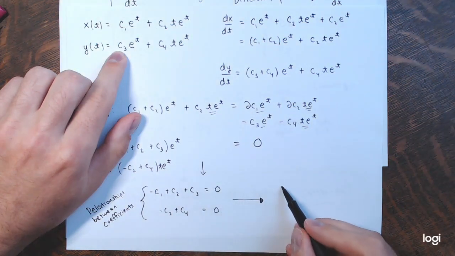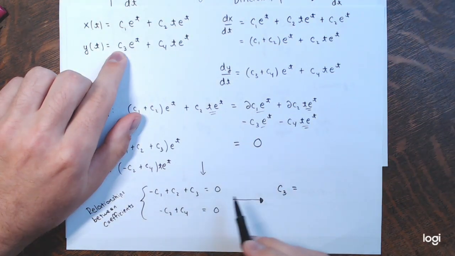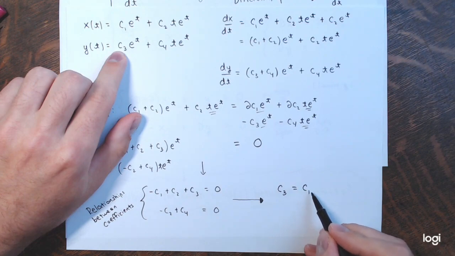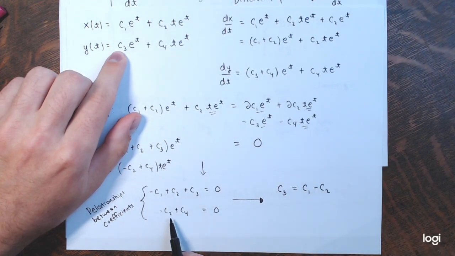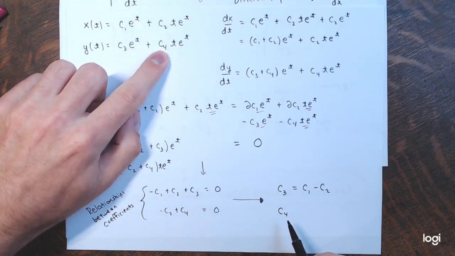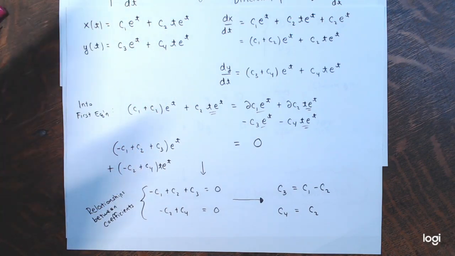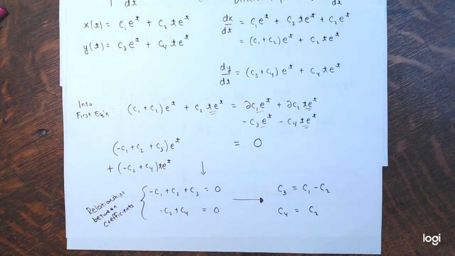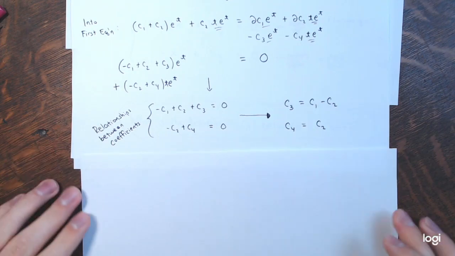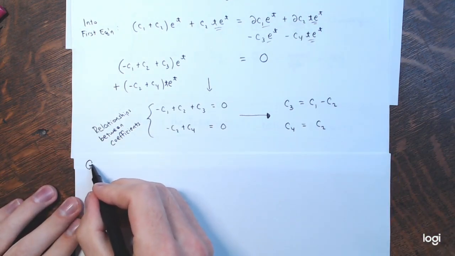Yeah. According to this system here, C3 must be equal to C1 minus C2. And then C4 must be equal to just C2. And then I make those replacements and we get our general solution to this system.